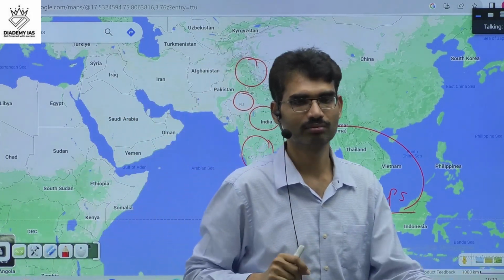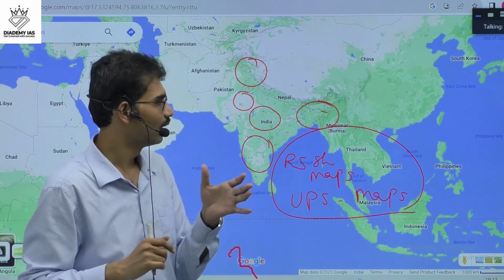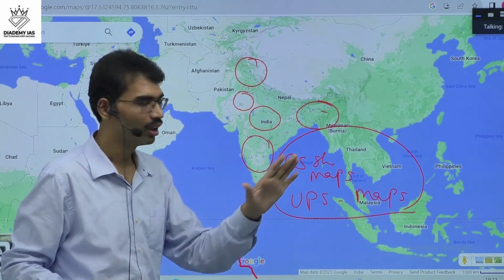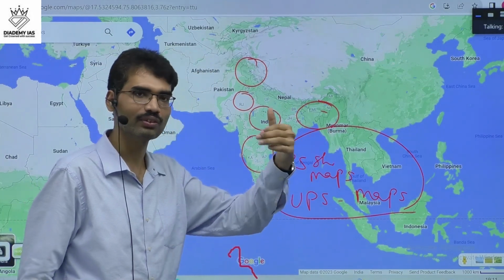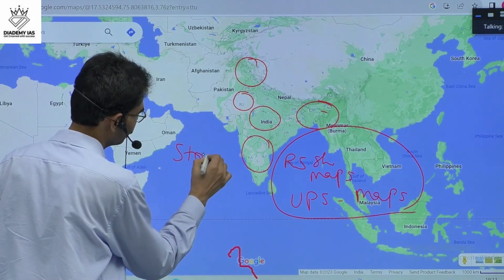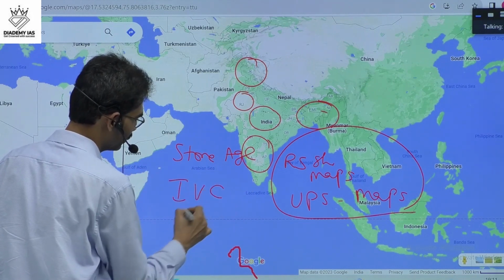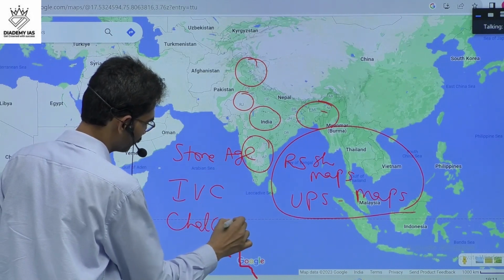Likewise, you need to categorize at least 300 settlements. If you have some idea about 300 sites, in that 300 almost 150 to 160, 50%, belong just to the Stone Age, Paleo, Meso, Neo, Indus Valley Civilization, Chalcolithic.